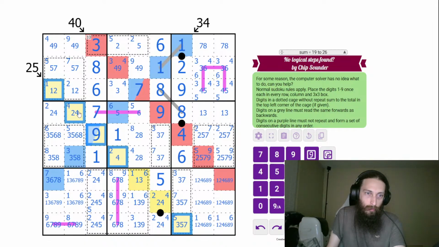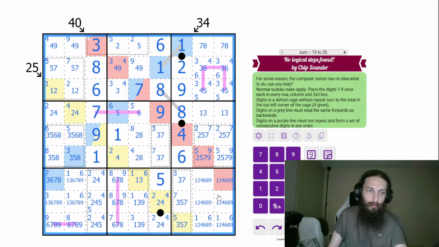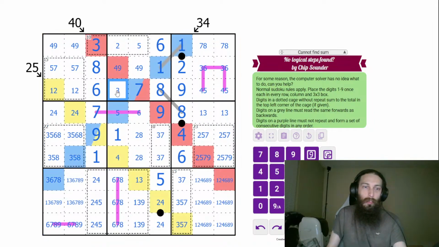Right? 1 and 4 is 5, and 9 makes 14, 15, 16, and another 5 is 21. To make 4, I would need a 1, 3 pair. I don't have that ability. So the superscript all goes away.